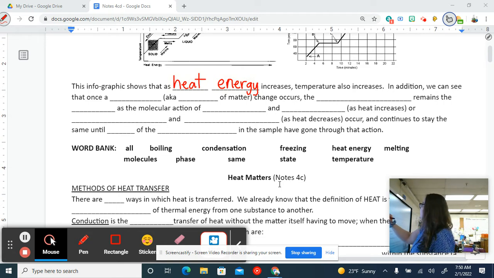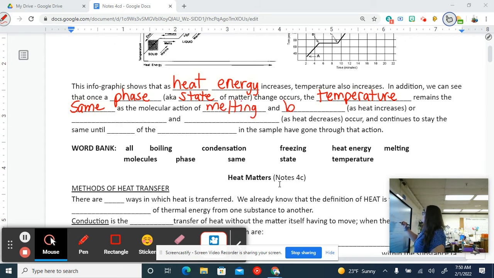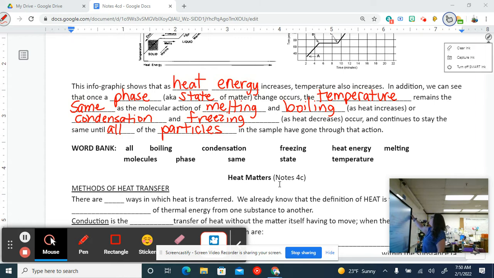In addition, we can see that once a phase, aka state of matter change, occurs, the temperature remains the same as the molecular action of melting and boiling as heat increases, or condensation and freezing as heat decreases occur, and continues to stay the same until all of the particles in the sample have gone through that action. Pause it, make sure you got it. I'm clearing it and moving on.